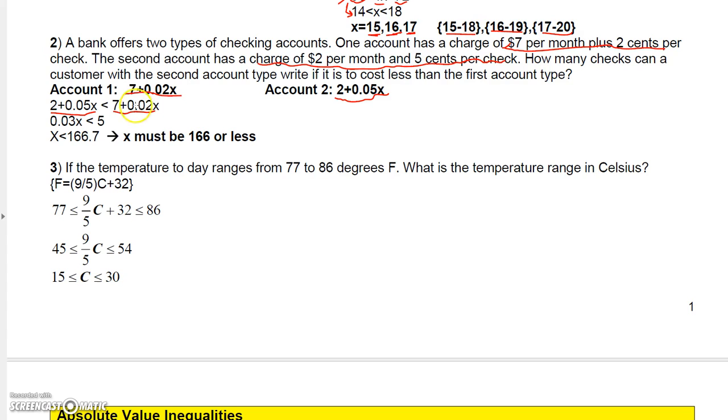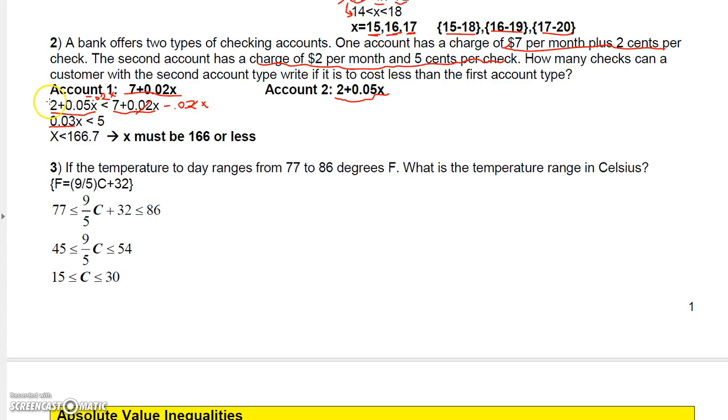Now all I have to do is subtract 0.02x from both sides. I'm assuming you can do this in your head now, so 0.05x minus 0.02x is 0.03x, right? And then, of course, over here it just cancels.